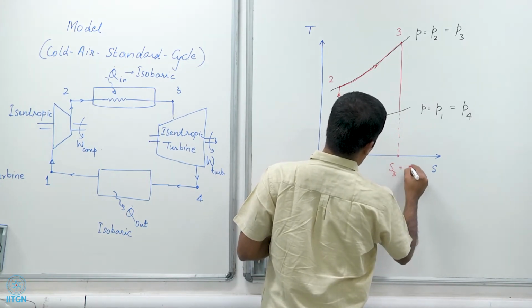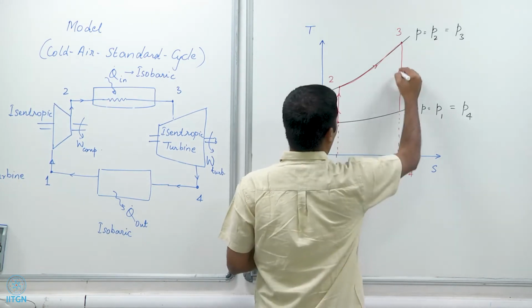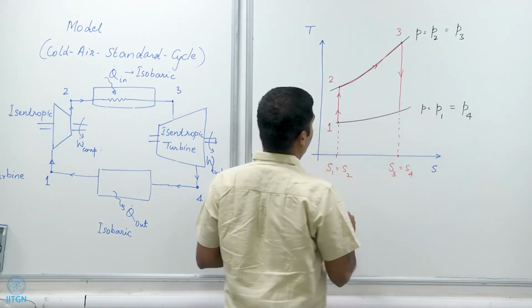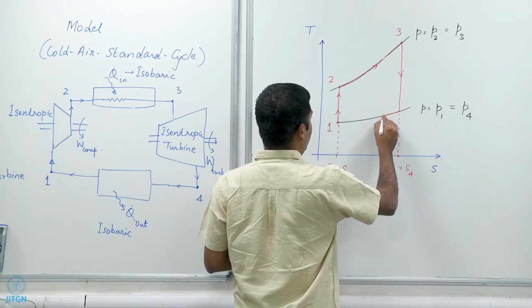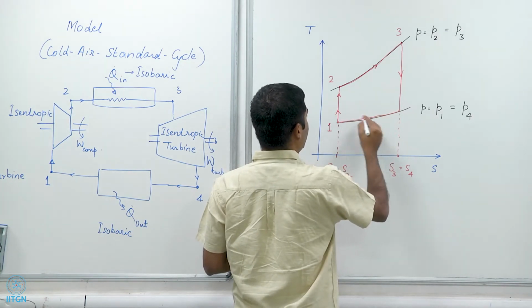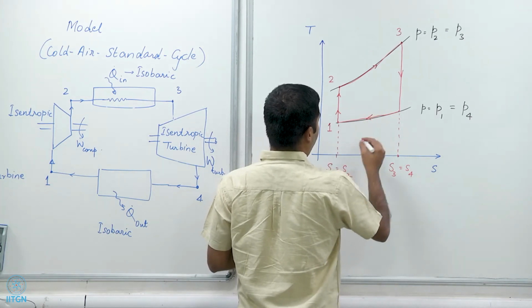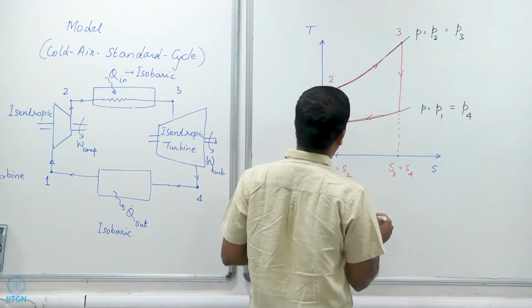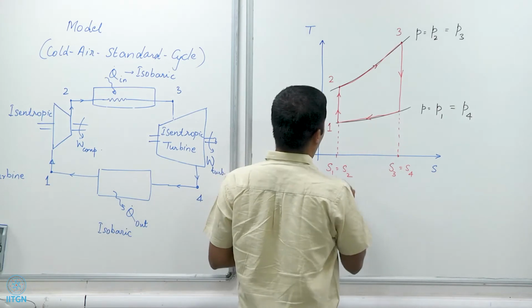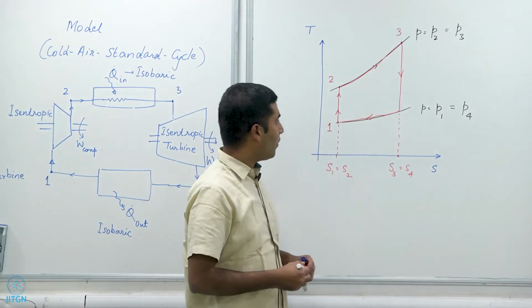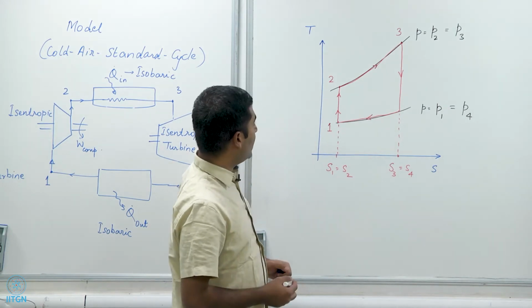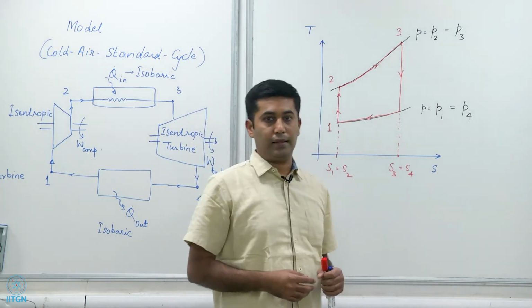So, S3 equal to S4, and this is an expansion in an isentropic turbine, and then there is this fictitious heat exchanger, which is the heat rejection step that restores the gas to its original state 1, and so this is an isobaric heat rejection process. So, that is how the Brayton cycle looks on a TS diagram.